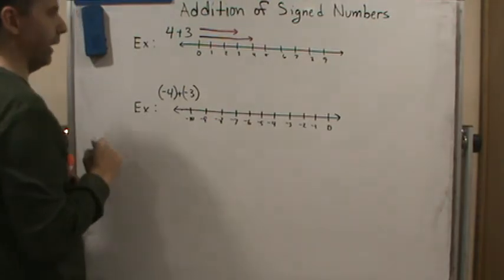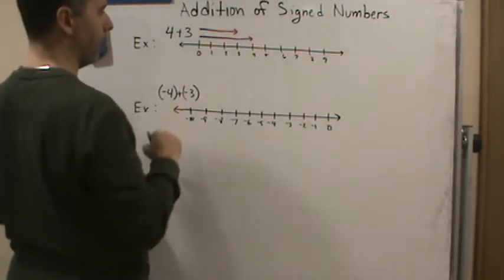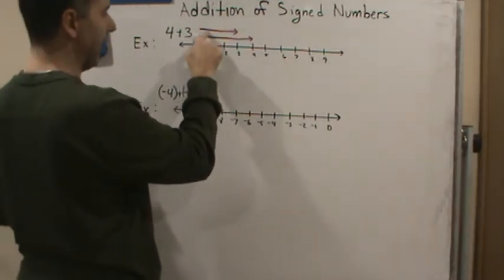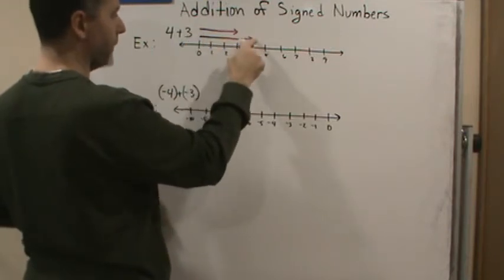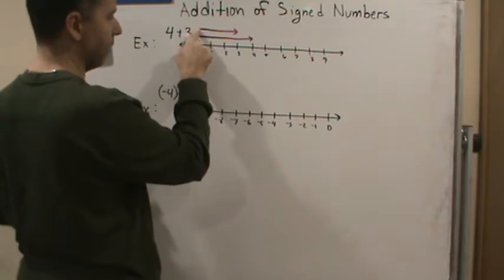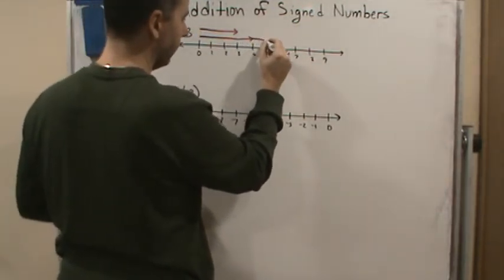So let's say I have 2 arrows, one representing $4 and the other representing $3. If I want to add these, I would add the 2 arrows from head to tail. I would place the tail of this arrow at the head of this arrow.